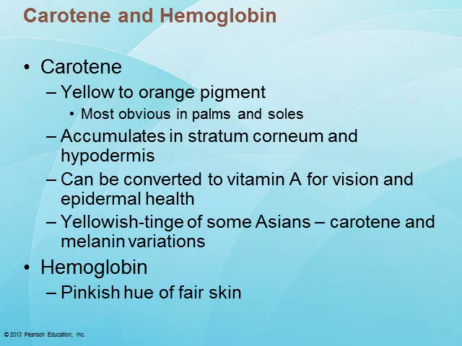So for healthy skin, you will see those blood vessels. And if those blood vessels dilate, the skin will turn red. If those blood vessels constrict, then the skin will tend to pale. Okay, and this pinkish hue is from the blood, from the hemoglobin. That's the pigment in the blood.